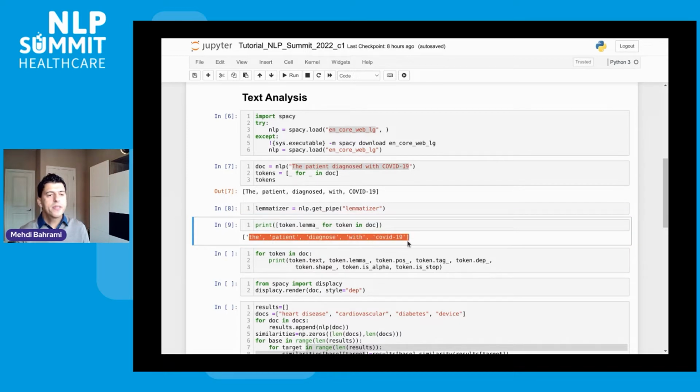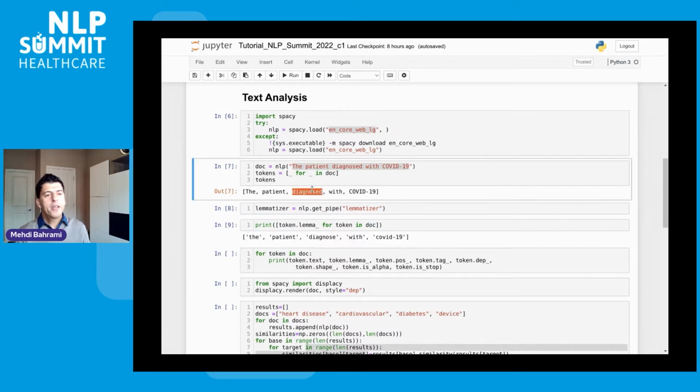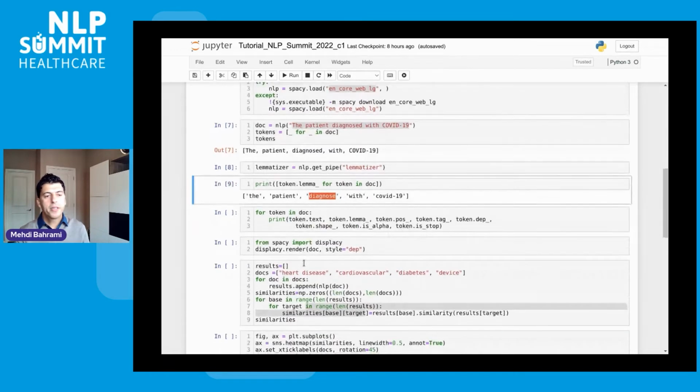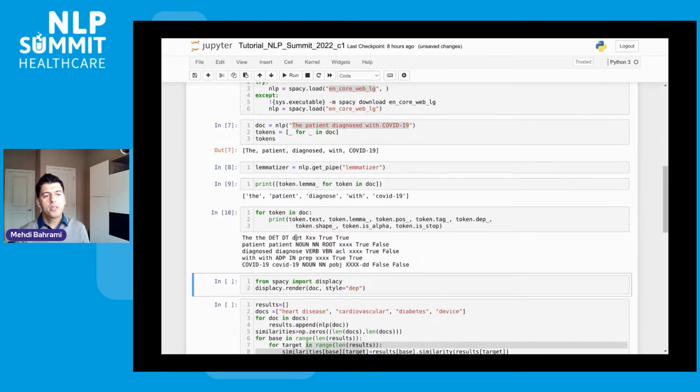For instance, as you can see, we have a variety of diagnosis forms. We can reduce those words to "diagnose", so we can have one single word in our data set despite the variety of spellings.